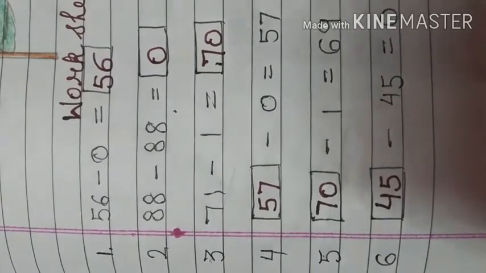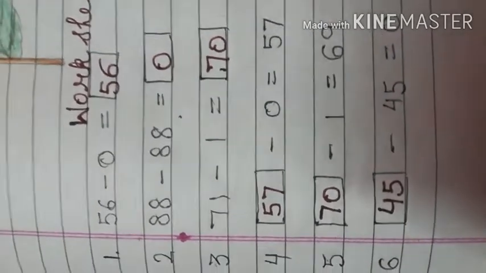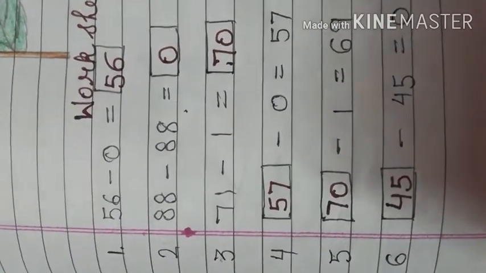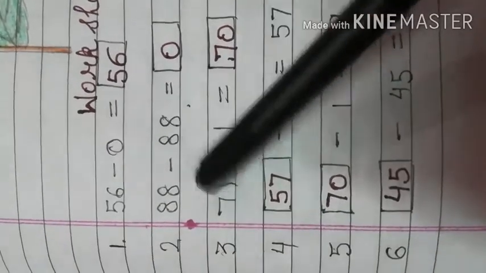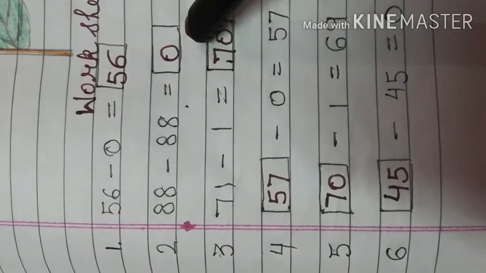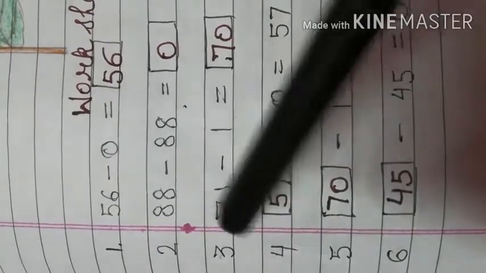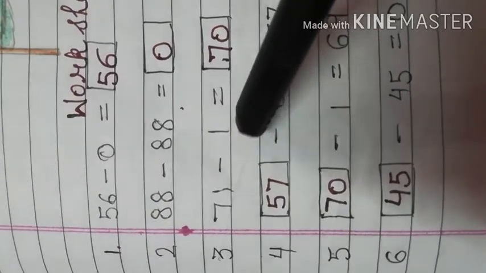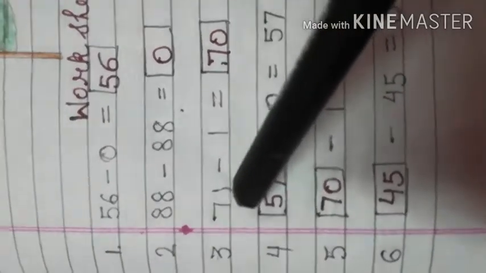So when you are subtracting 0 from the number, your answer is same, your answer is number itself. When you are subtracting the same number, then you have 0, right? And when you are subtracting 1, that means you are to calculate the number that comes just before 71.